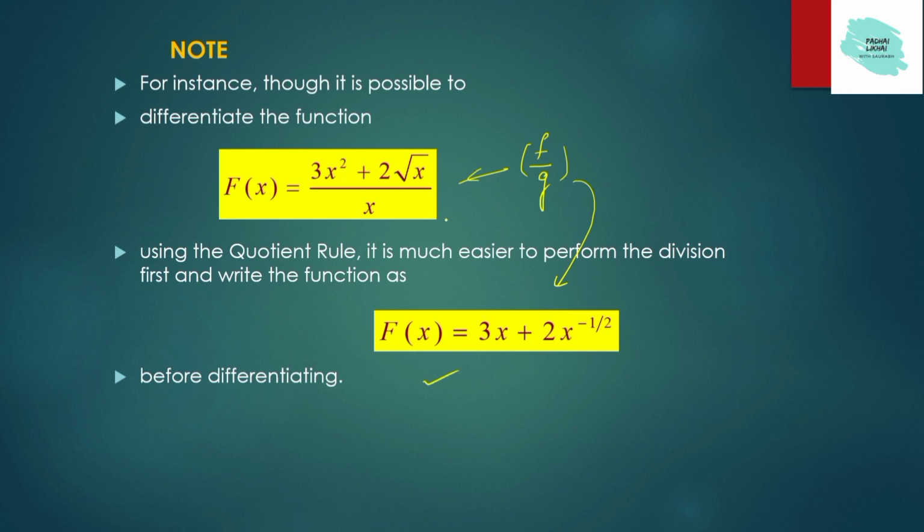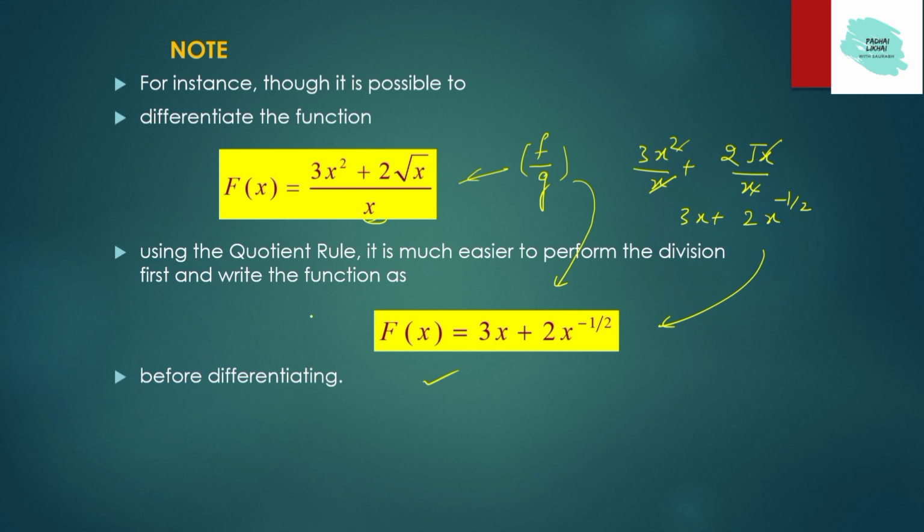Just divide by x in both the terms. So you will get 3x square upon x plus 2 under root x upon x. So when you divide it, it will give 3x plus root x, the 2 stays, 2 into x to the power minus 1 by 2. So it is very easy to solve like this, instead of applying the quotient rule.